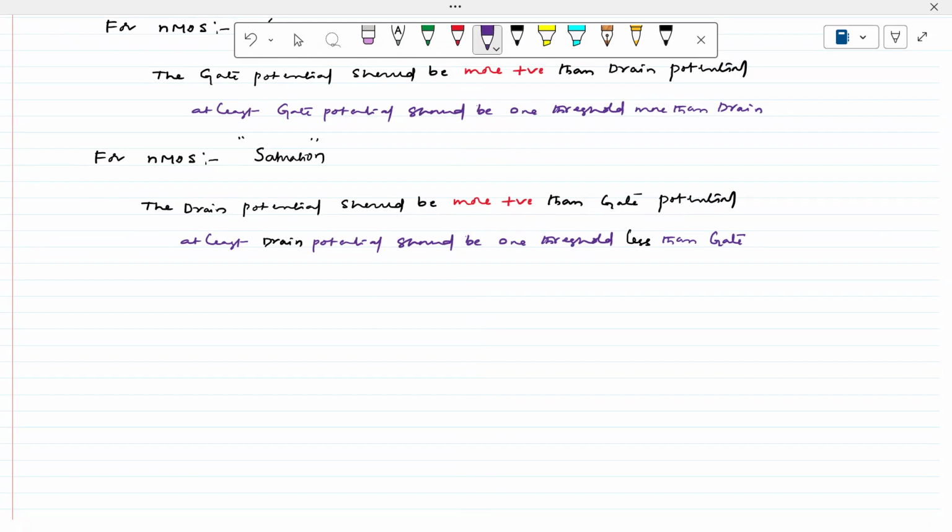Whatever drain potential you want to apply should be greater than the gate potential minus the threshold.